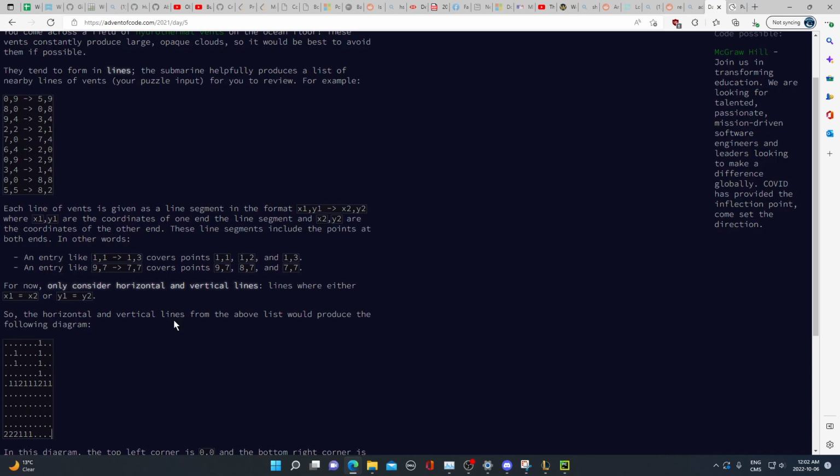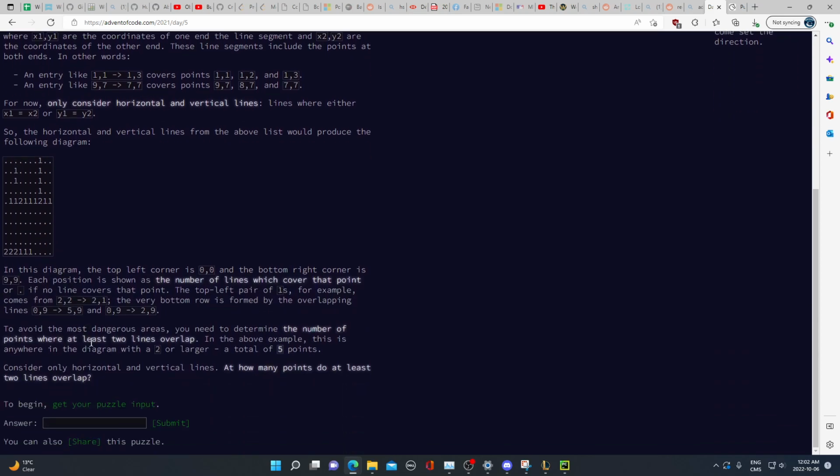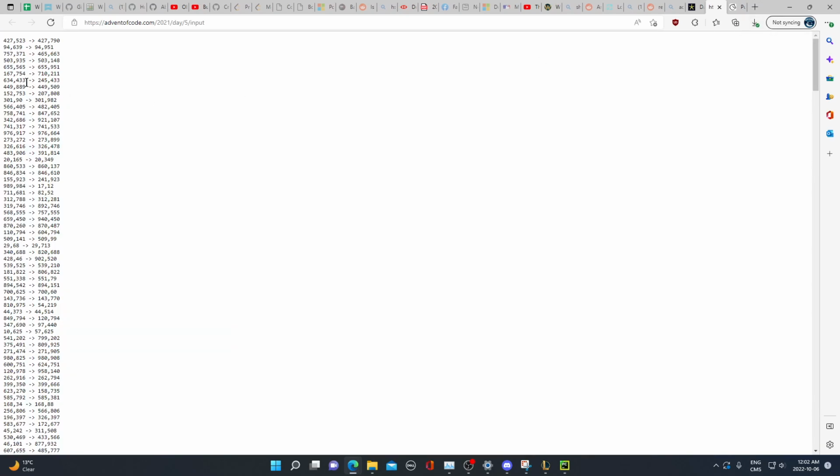Off the top of my head, wait a minute, will the puzzle input have diagonal lines? Let me see. It does have diagonal lines.